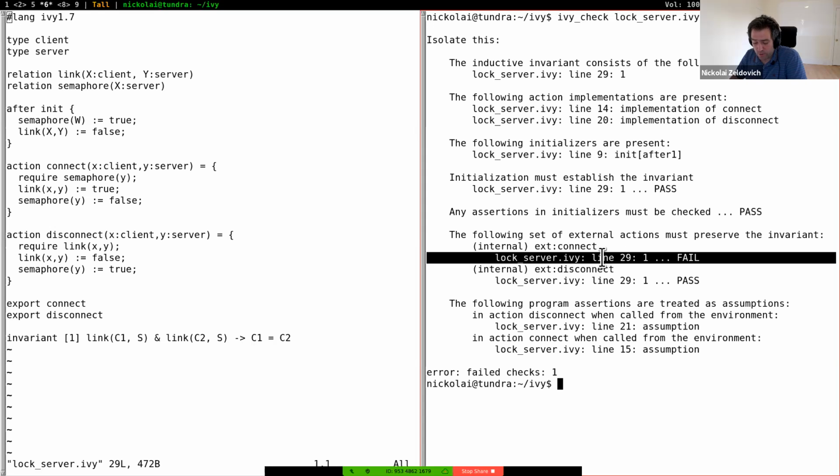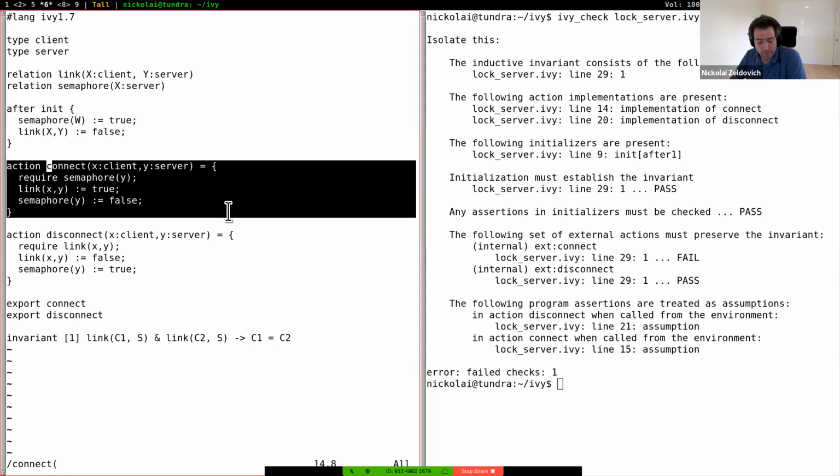Here, what Ivy is telling us is that if we take the connect action, this guy over here, then we can start from a state that satisfied the invariant and somehow end up in a state that violates our invariant. So what's going on? How can this happen? Why is our invariant not inductive? Anyone have a guess from the paper or from looking at this code? What's wrong?